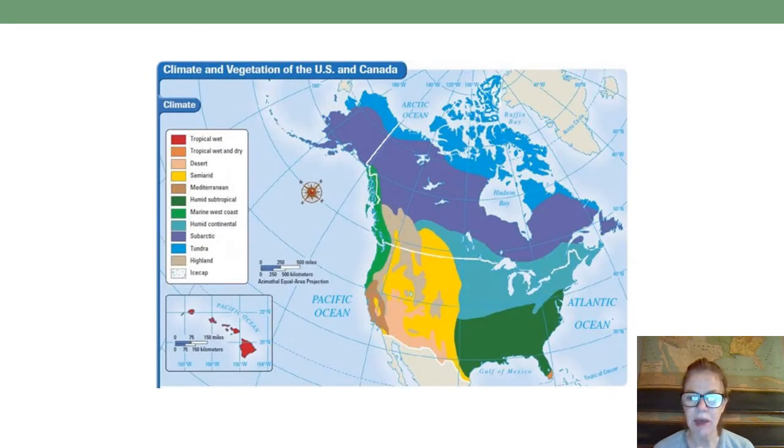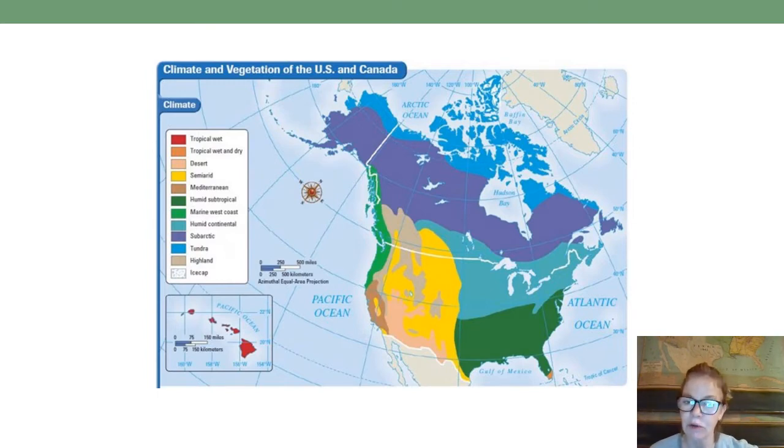Okay, so this map right here is the one that I'm going to be referencing throughout the presentation. You can see that it's color-coded, with the key on the left showing what is on the right. If you notice, we share almost all climate types with Canada, with the exception of a few.